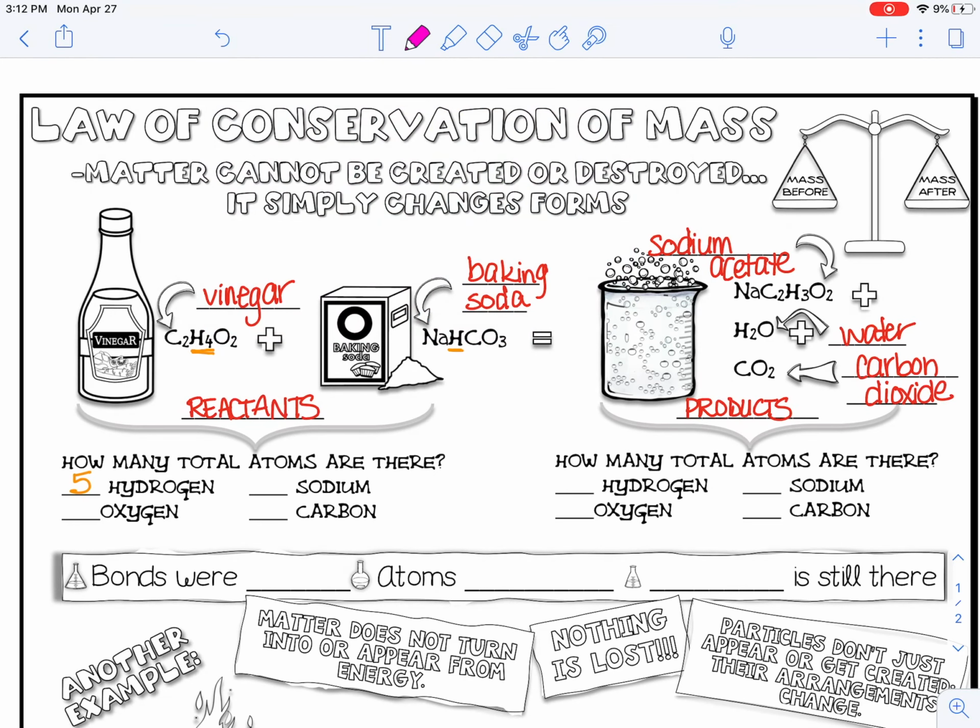I have oxygen. I have 2 here and 3 here, so that is 5 oxygen atoms. I have 2 carbon and 1 carbon, so I have 3 carbon atoms, and I have 1 sodium atom on my reactants side.